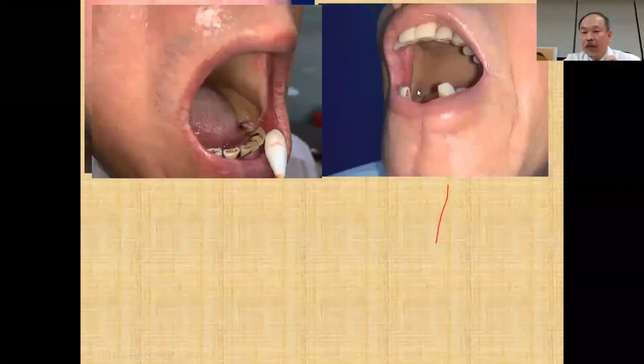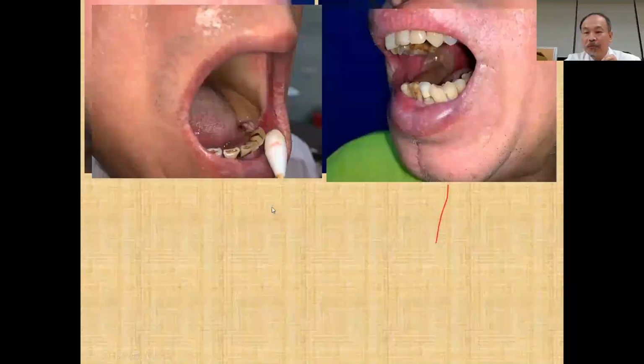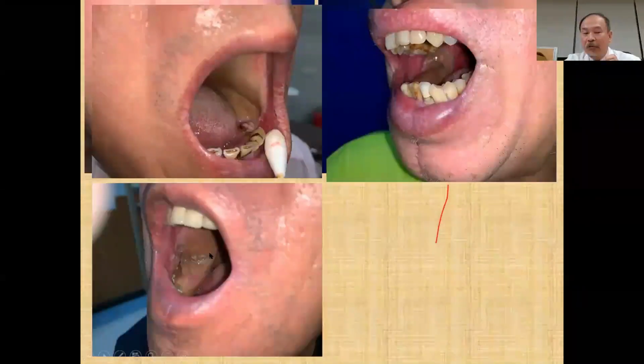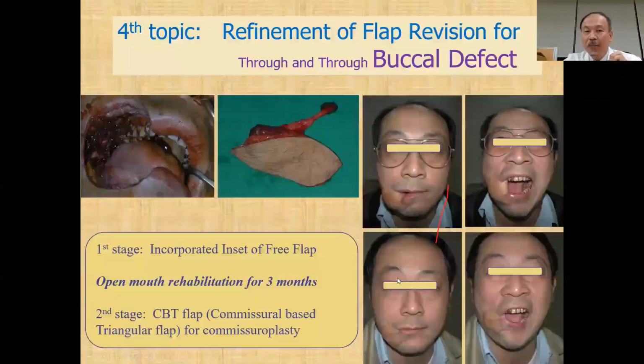And this is the outcome, good sulcus and the good concave. Will not limit the tongue motion. Here, the good sulcus and the concave shape of the flap. The concave shape. And then to avoid the teeth compression to the flap. Good concave.